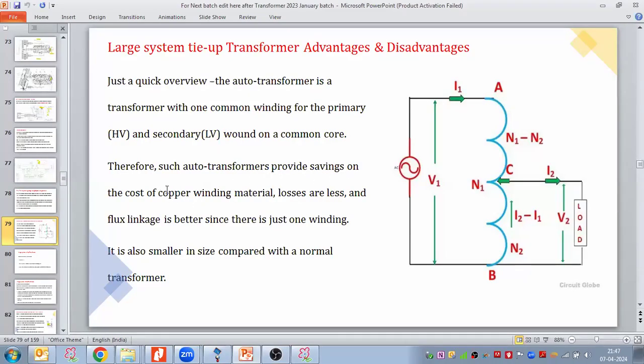Since there is one winding, losses are also reduced, and there is no leakage flux problem. Flux linkage is better since there is just one winding. It is also smaller in size compared with the normal transformer. So this is the advantage of the auto transformer, but there are some disadvantages as well.